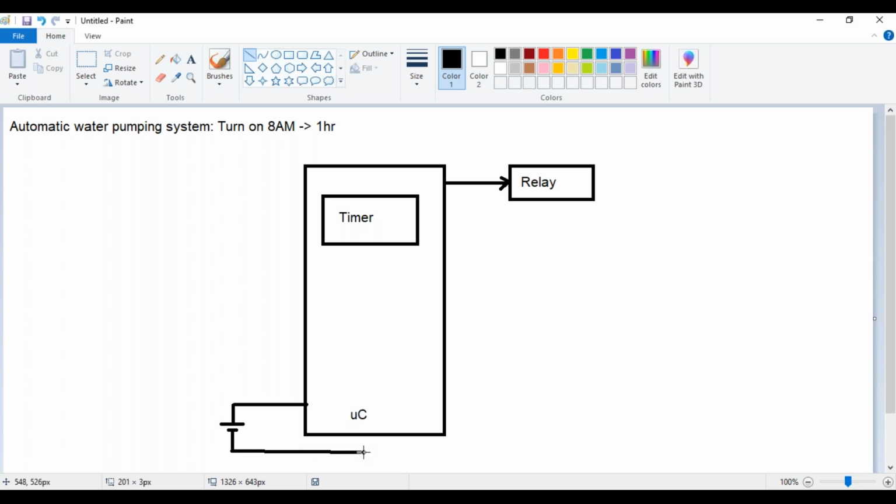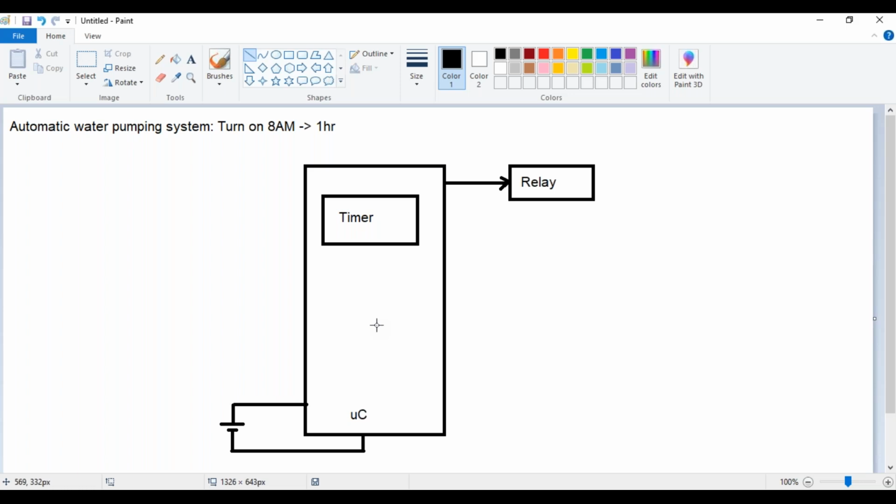So we have the battery connection done like this. If the power supply is available, then the power supply will be used. And if the power supply is not available, then the battery will be used.